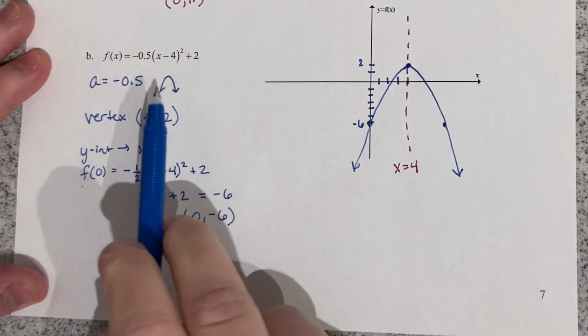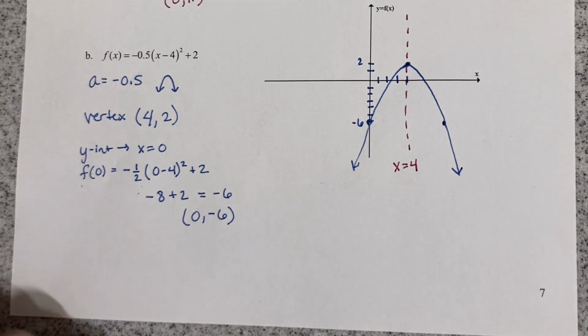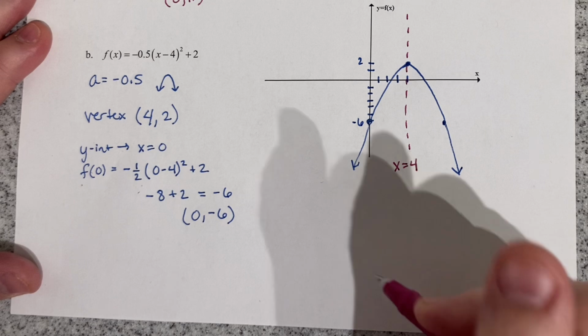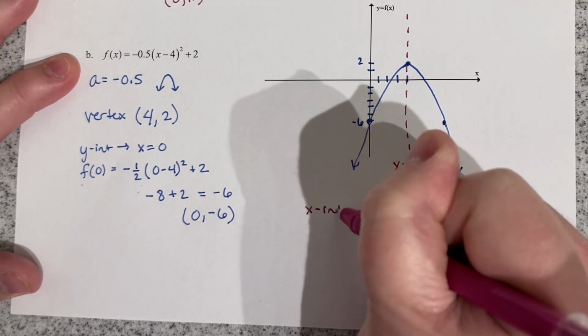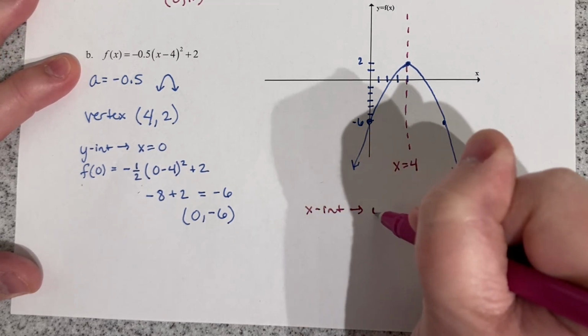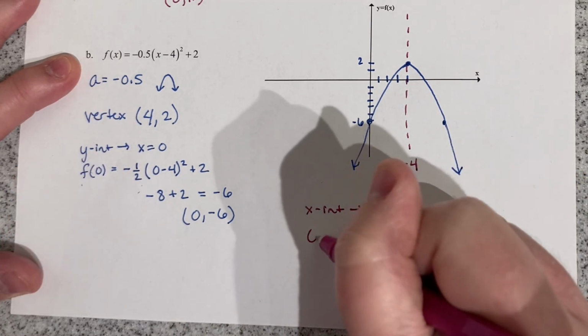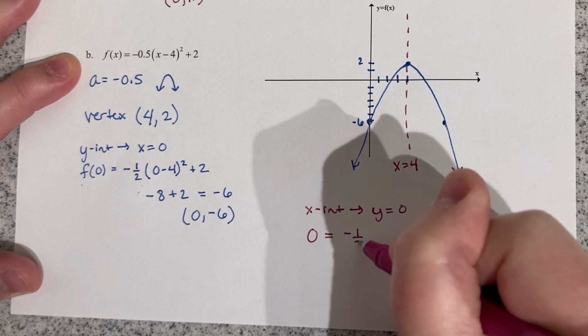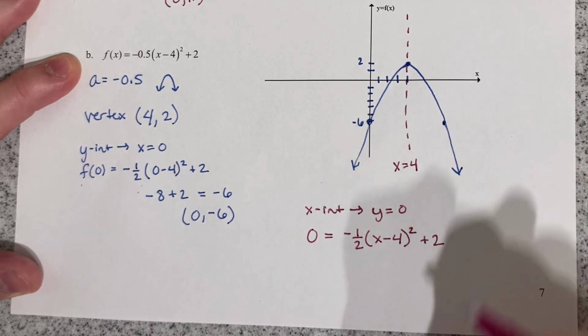We could also set this equal to 0 and find the x-intercepts. Let's go ahead and do that, and let's see how decently I graph this. For x-intercepts, we need to let y equal 0. In this case, that's the f of x. So 0 equals negative 1/2 times (x minus 4) squared plus 2.